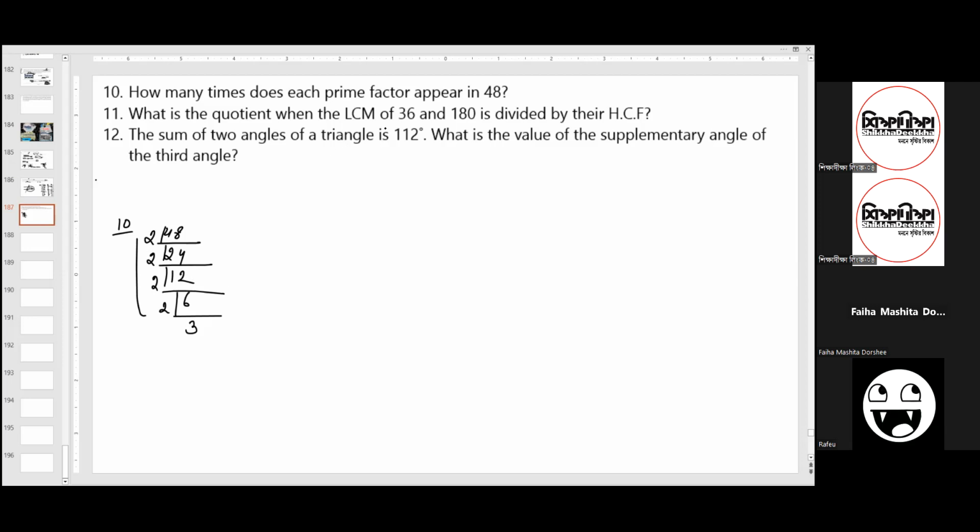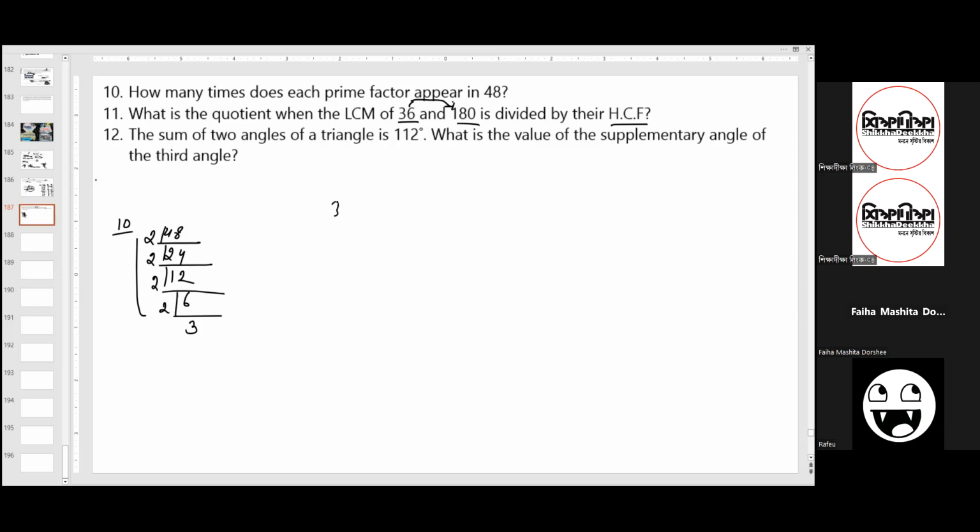What is the quotient if the LCM of 36 and 180 is divisible by their HCF? What will be the quotient? So the interesting fact is 180 is divisible by the number 36 itself, right?